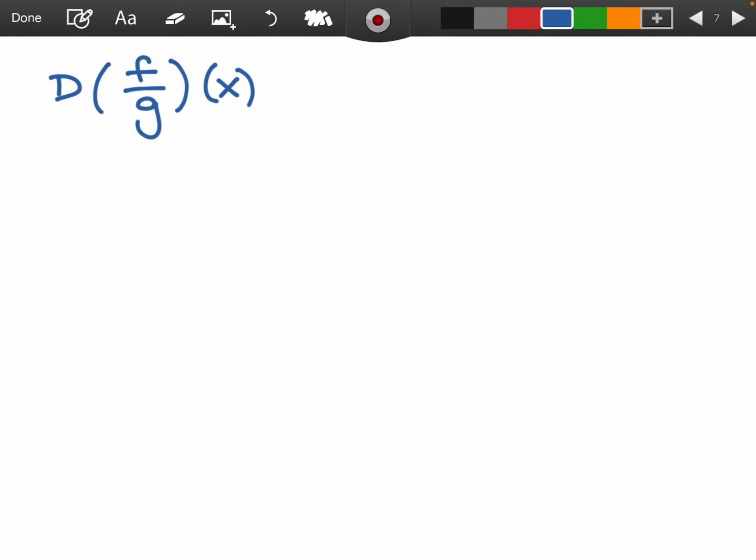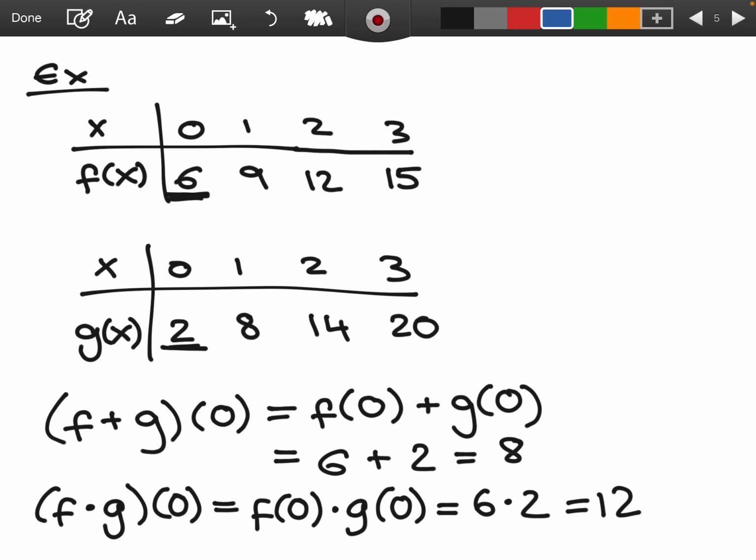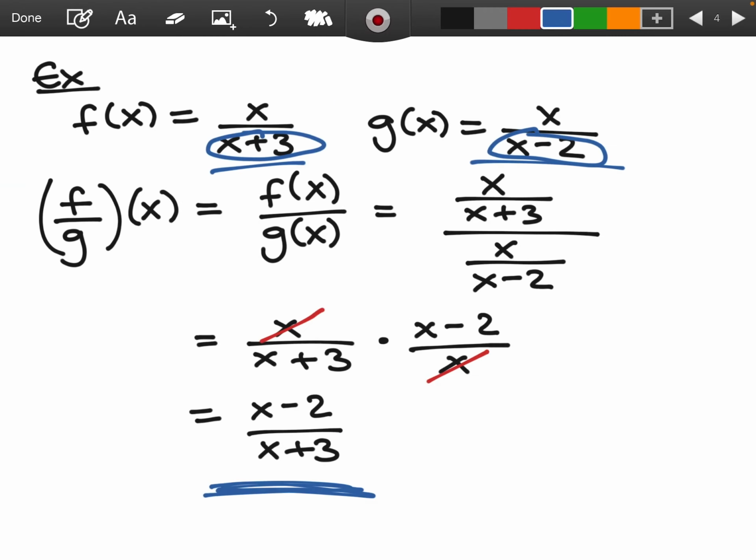So to start with, I already know I've got all real numbers except for -3 and 2. But remember, I also have to take out any value for which g of x equals 0. So any value of x such that this equals 0. So if I look at where x over x minus 2 equals 0, it doesn't matter what my denominator is as long as it's not 0, and we've already dealt with that.